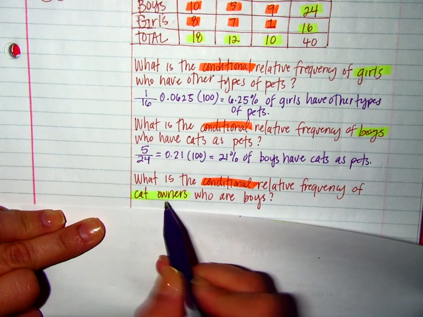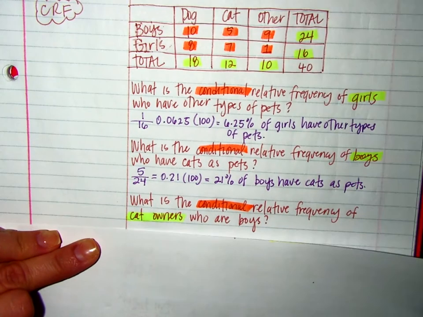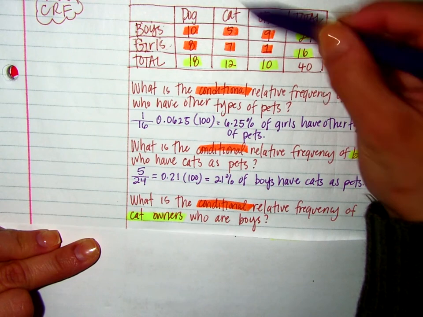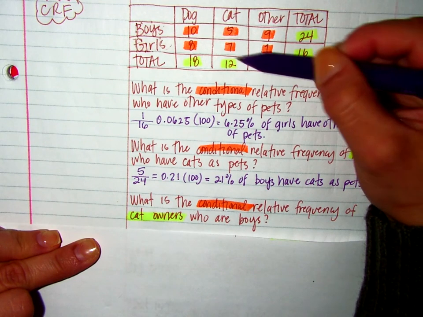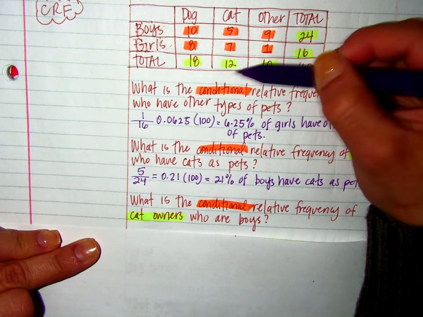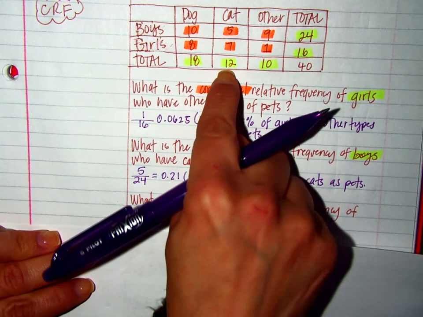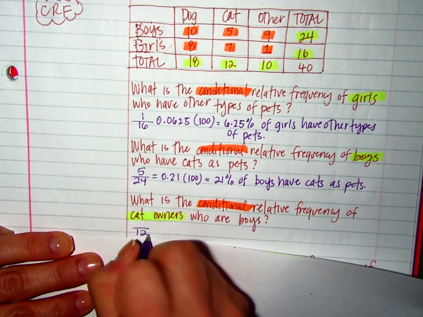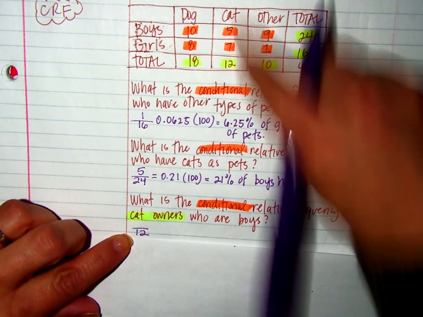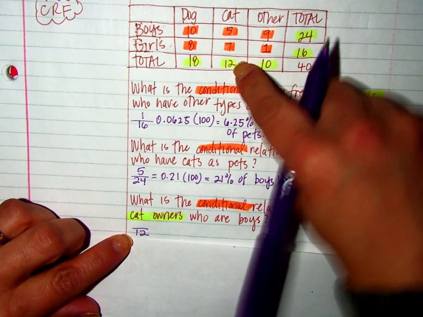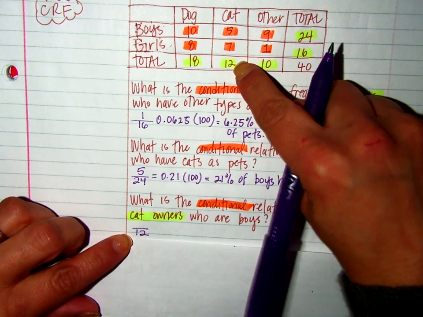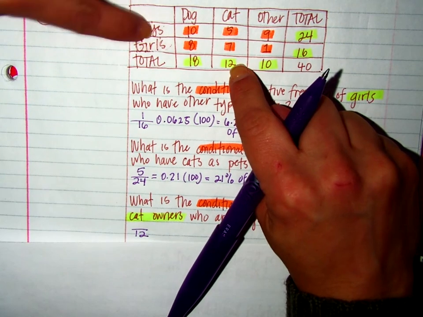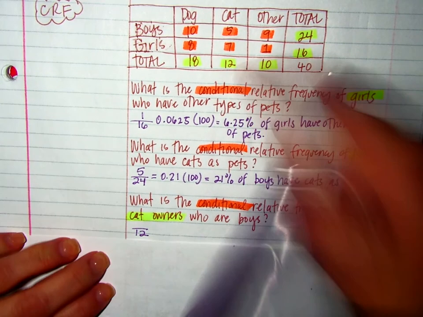Okay, and it looks like you go to your category. This is dog, cat, other. I want the cat owner total, how many people owned cats altogether, and that was 12. So 12 is going to be my denominator. So that's going to be the number I'm going to write on the bottom. Now, out of all of the people who own cats, how many of them are boys? That's what this question is asking. So out of those 12 people, 5 of them are boys. So 5 is going to be on the top.